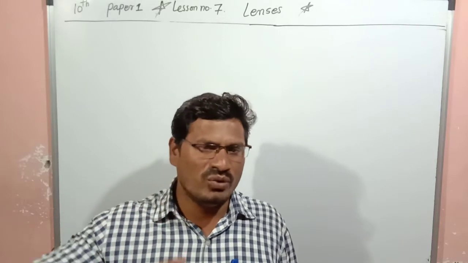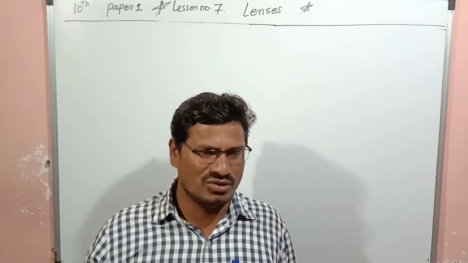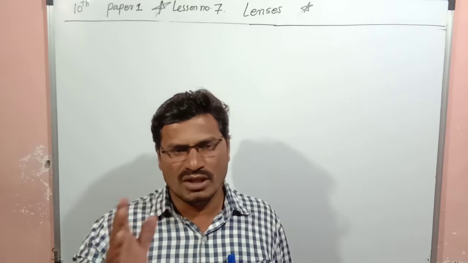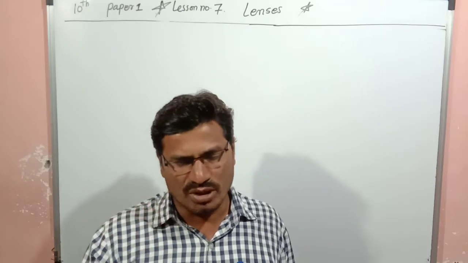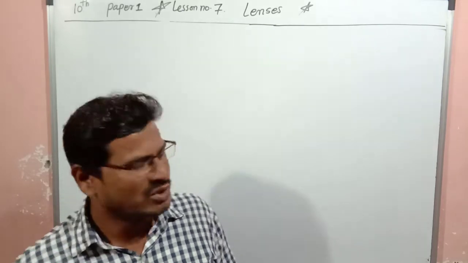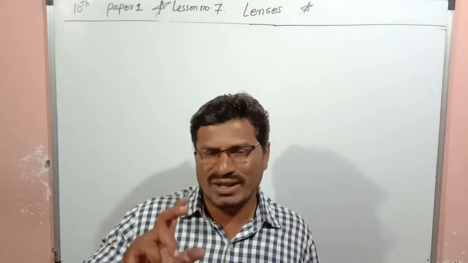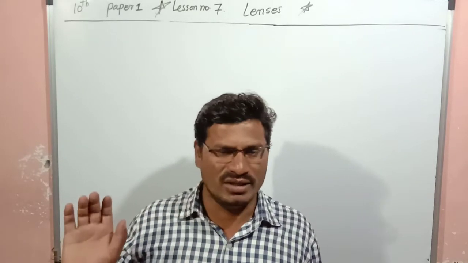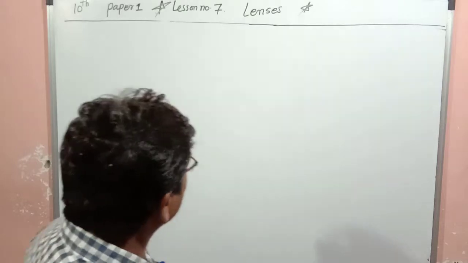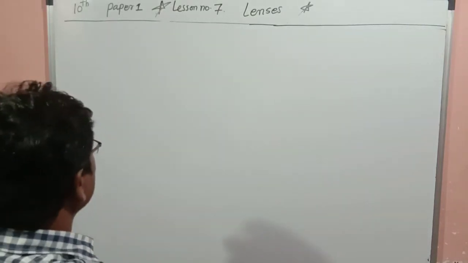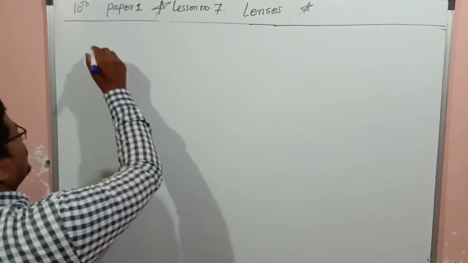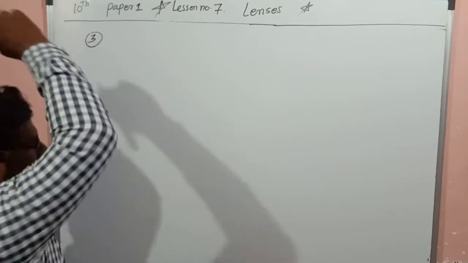So where will the image be? The image will be in between f2 and 2f2, and that image will be real and inverted.